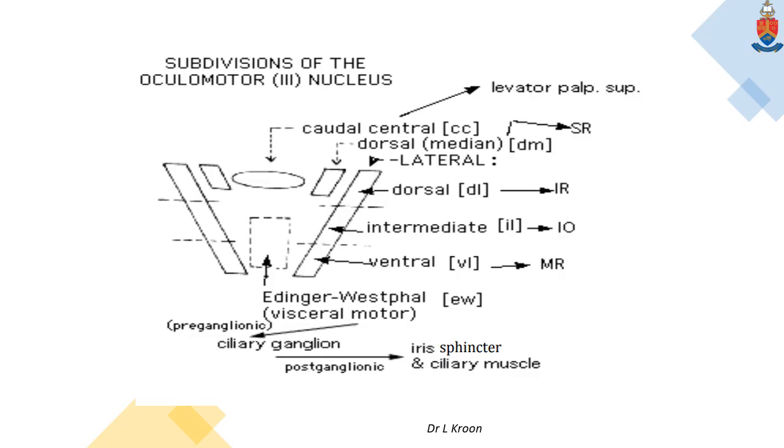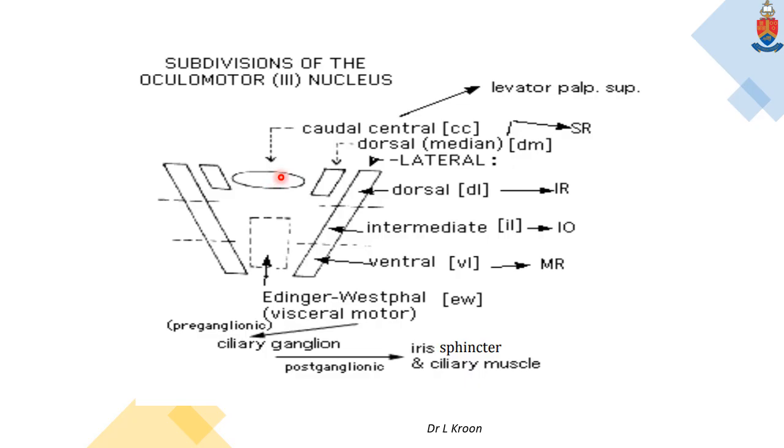The third nerve motor nucleus, not the Edinger-Westphal nucleus, which governs parasympathetic supply, actually is composed of 5 subnuclei. It has a central caudal nucleus that crosses the midline and will provide axons in both directions. The role of this nucleus is to send axons to the levator palpebrae muscle.